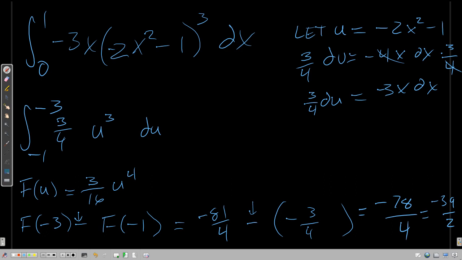Let's see. So this is a good antiderivative. Check my limits of integration. So you put the 1 right there. It says minus 2 minus 1. Okay, so this is all good.